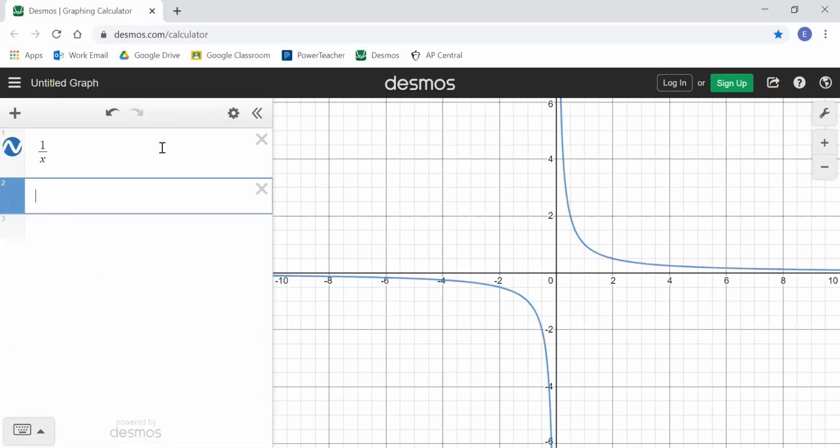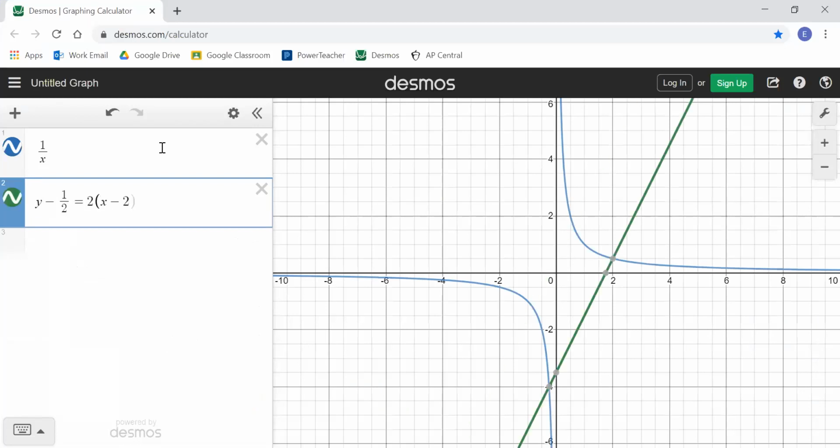1 over x, and y minus 1/2 equals 2 times x minus 2. Is that what it was? 2 times x minus 2? Yes.